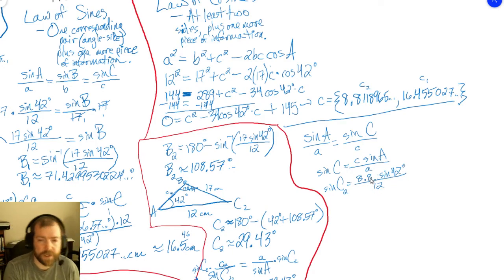In this particular case, you know that our little c value here is smaller than our A value. Therefore, our angle C2 must be smaller than angle A.